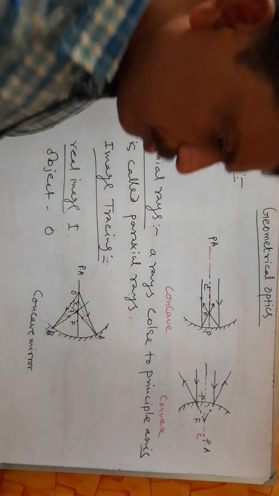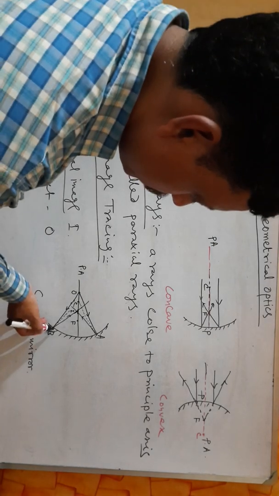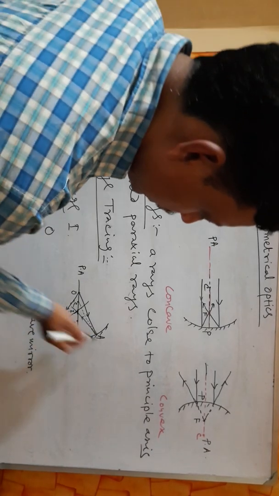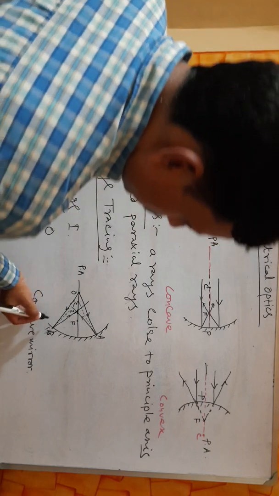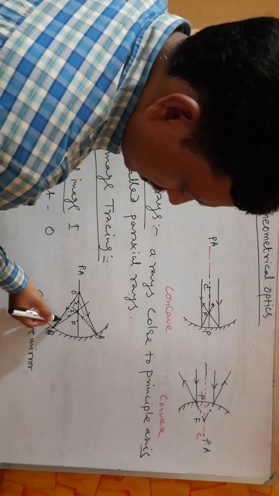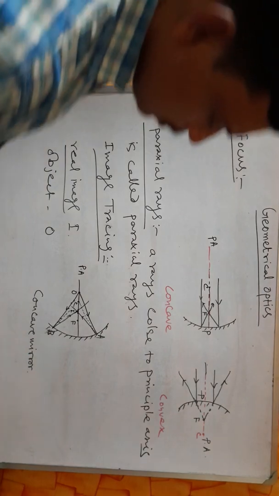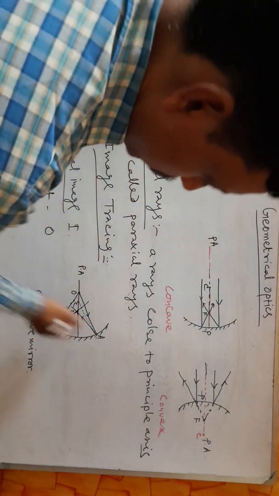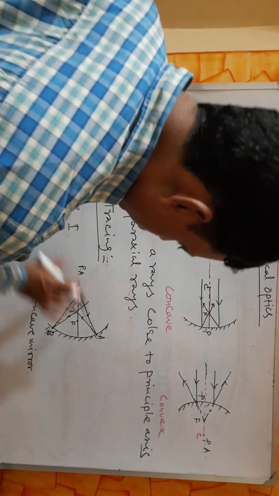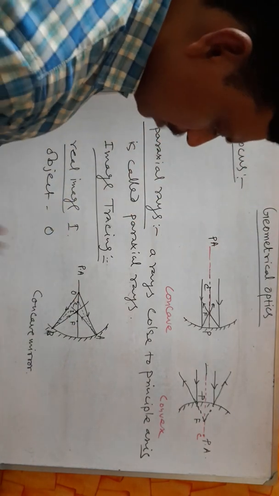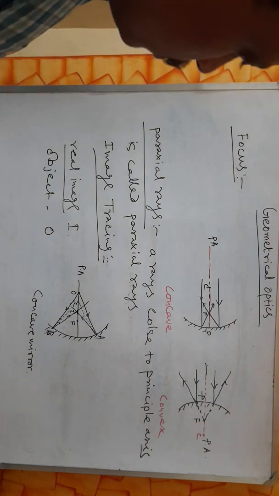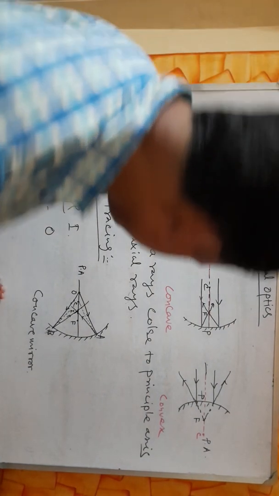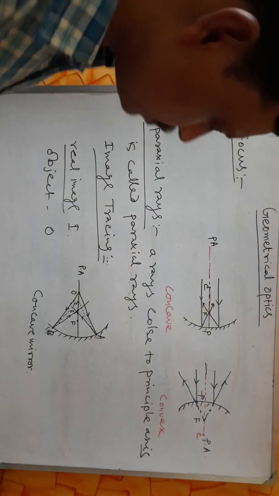A is the point of incidence and B is the point of incidence. So CA and CB are the normals to the mirror. Then the incident angle and reflected angle are equal. So both reflected rays meet at the principal axis and form a real image I. So we can say the concave mirror forms a real image.